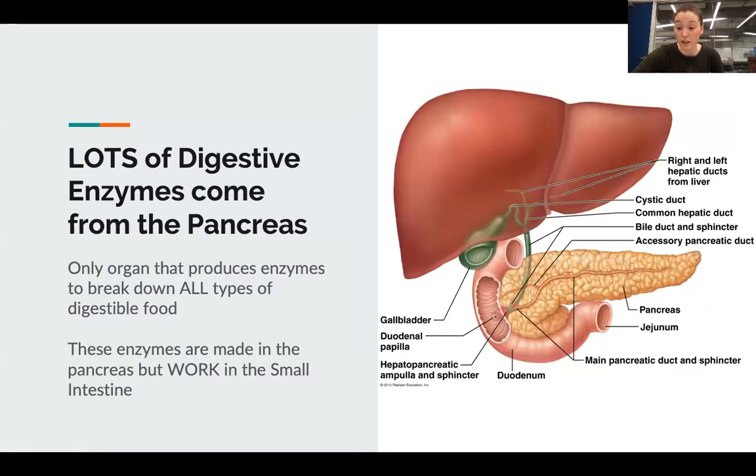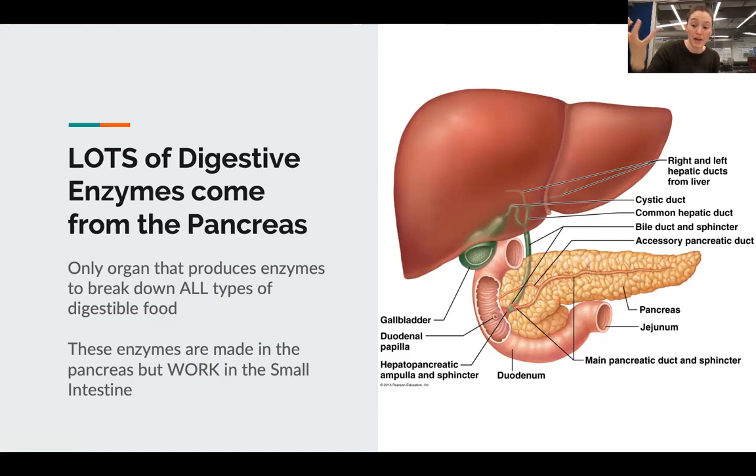So again, you'll notice that loads of these enzymes are coming from the pancreas, all right? It's the only organ that produces enzymes to break down all types of digestible food. You'll notice that carbs were the only thing in the saliva. Protein was the only thing in the stomach, but the pancreas is producing enzymes for all macromolecules, okay?